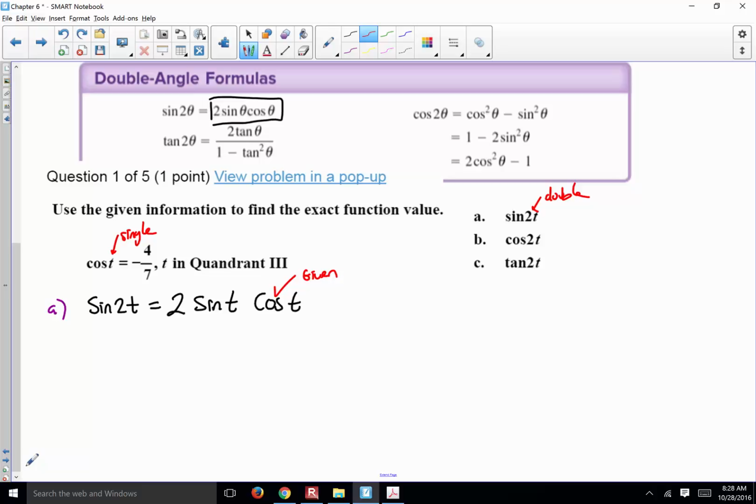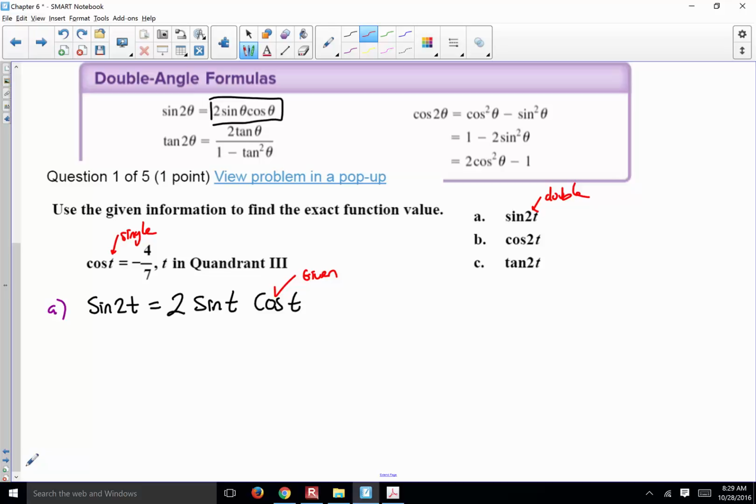I need to know sine t to get sine 2t. How can I get sine t? Any help?